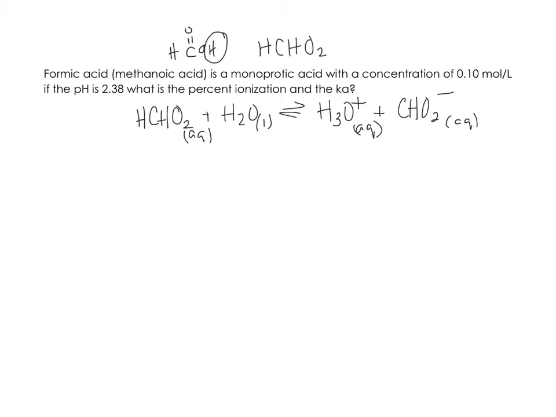So the pH is 2.38, so that means we can find the concentration of our hydronium ion. So 10 to the negative 2.38 is going to give us the hydronium ion.